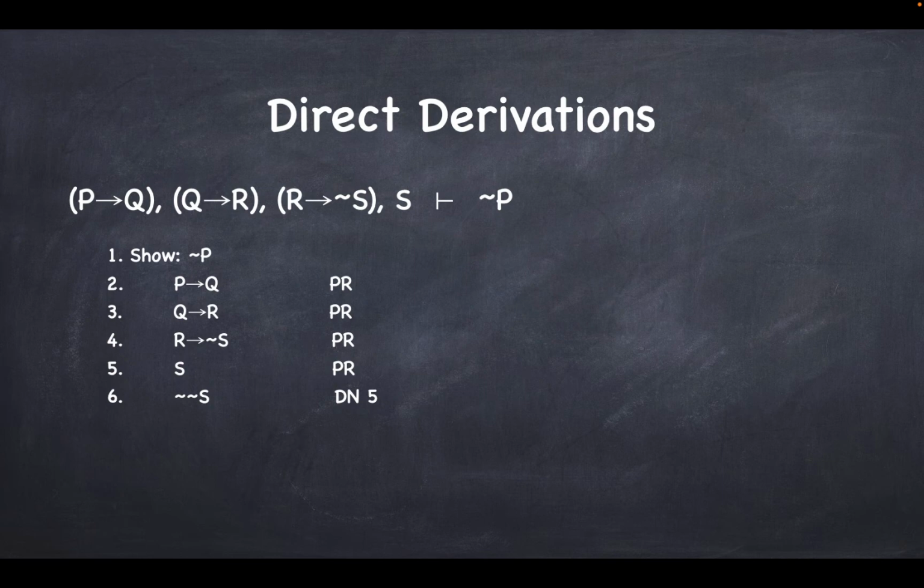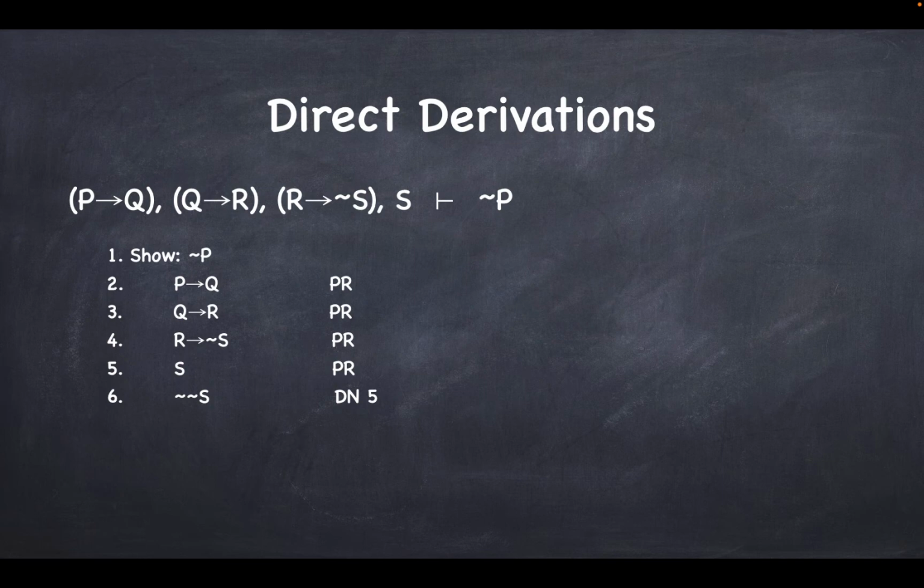As you start to venture off from the premises, you should always keep an eye on what am I trying to do? Don't just slap inference rules onto premises and crank things out. Sometimes that's useful initially, to ask what can I get from these premises? But for the most part, if you're including it in your derivation, you should have a purpose in mind.